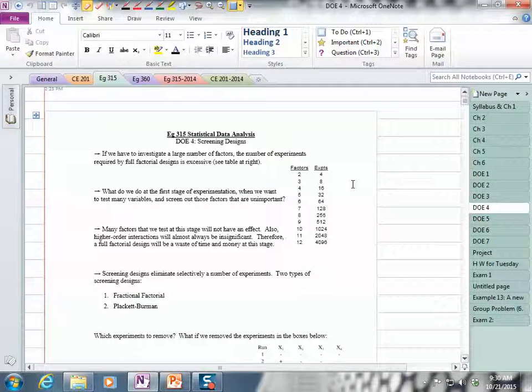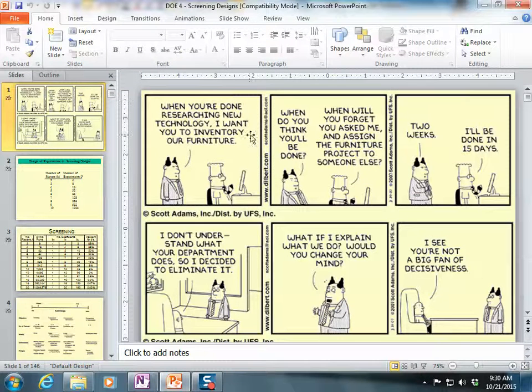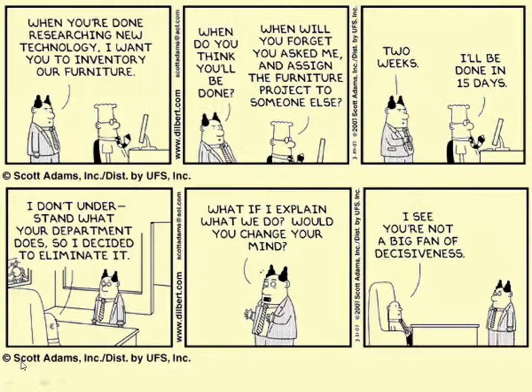So if you have some holes in your understanding of full factorials, please take the time to fill those in, because we're just going to be building on that stuff from here on out. So I think I'm going to go PowerPoint for a while. All right, I'll let you read through that.